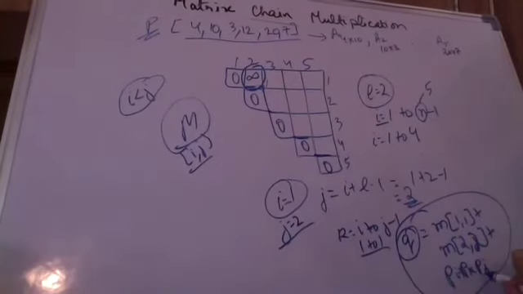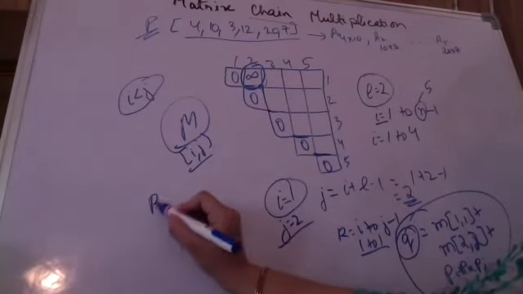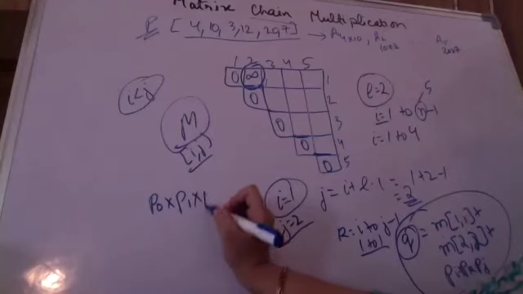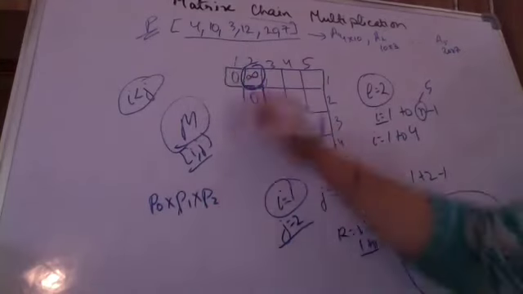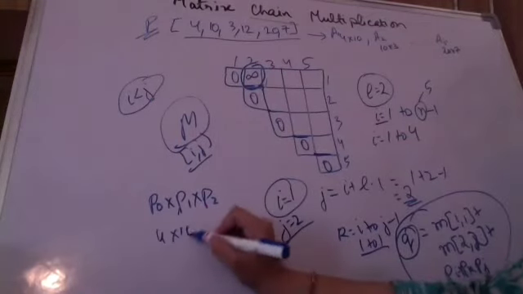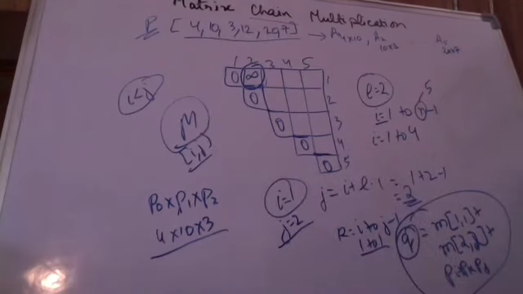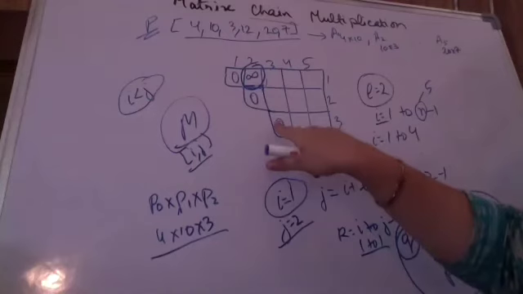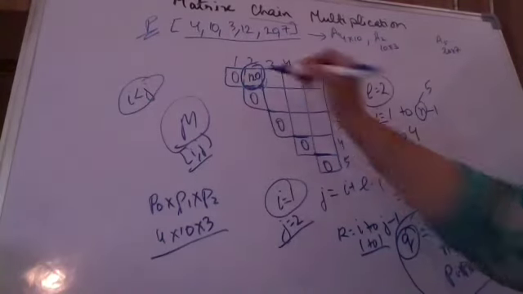What is P(i-1) into P(k) into P(j)? P(i-1) is P0, P(k) is P1, P(j) is P2. P0, P1, P2 gives 4 into 10 into 3, so the value is computed. 4 into 10 into 3 is 120. 120 is less than infinite. That means 120 is stored at this value.